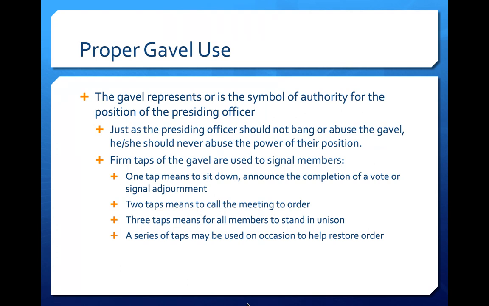Normally, you will hear 2 taps of a gavel as a meeting is called to order. 3 taps will tell all members to stand in unison, so everybody stands up at the same time. And then a series of taps can be used to help restore order, which you probably have seen on TV shows, where somebody says order in the court, and they tap the gavel several times. That's exactly the same thing within our FFA organization. If we're trying to get somebody's attention, we tap it several times.